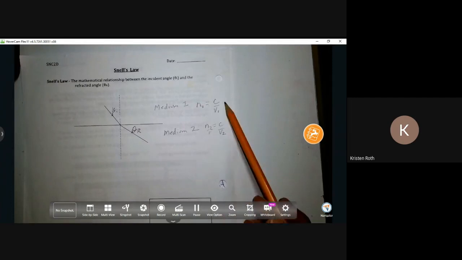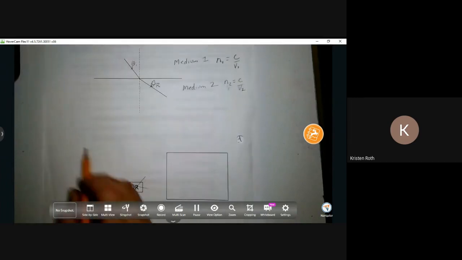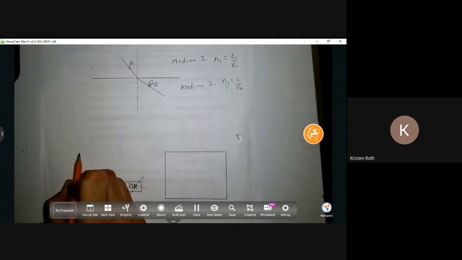So the equation that we're going to come up with to put these together, to get rid of the c, I'm just going to give you the equation. I'm not going to give you all the extras that don't really mean anything.